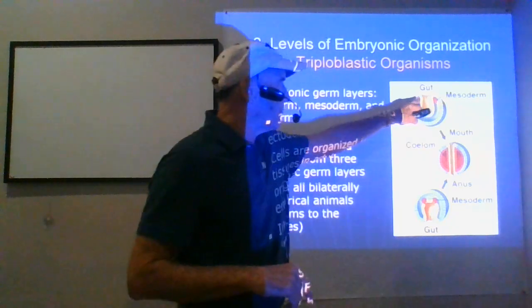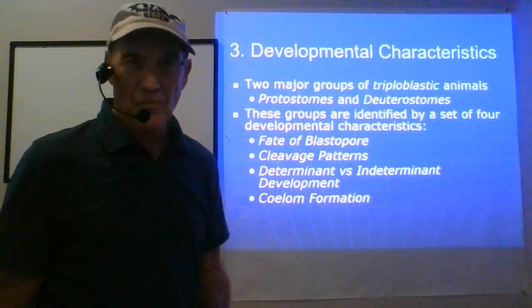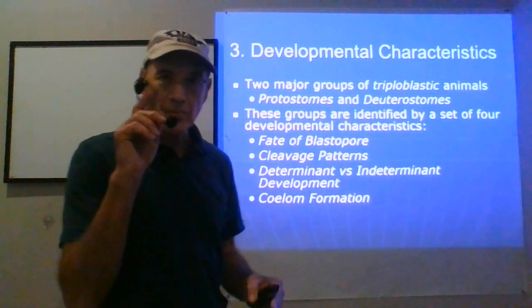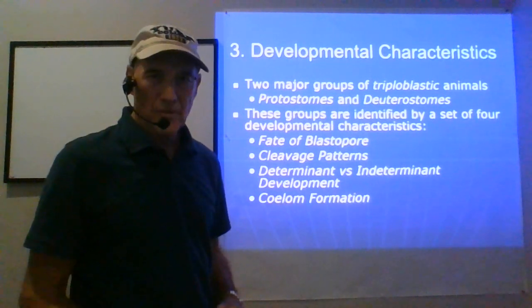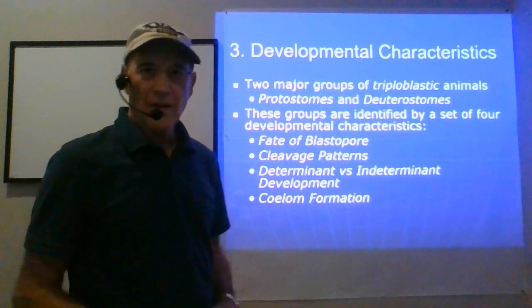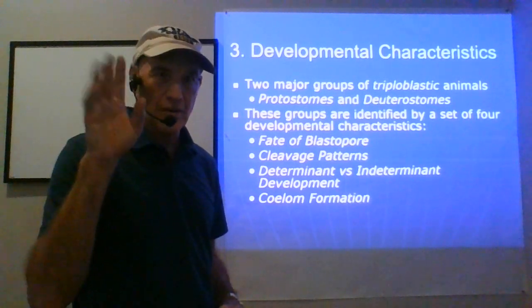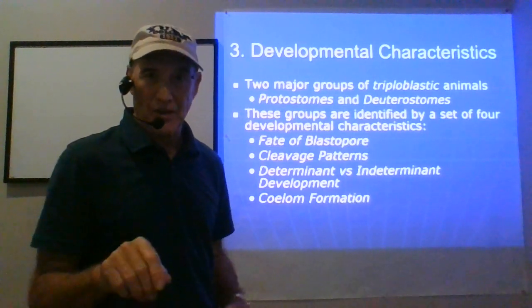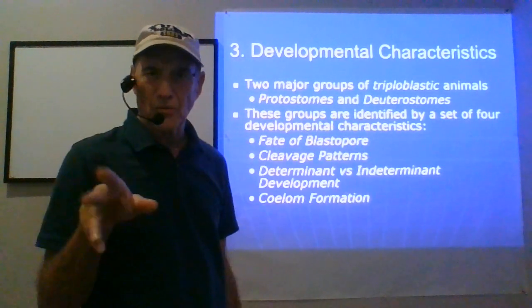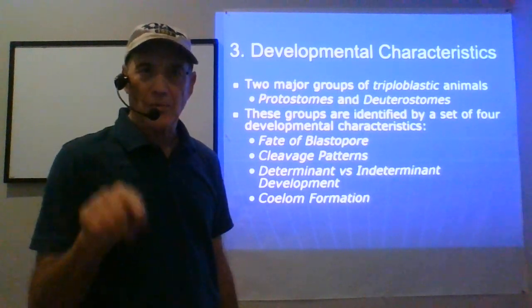So in a protostome, that first blastopore becomes a mouth, whereas in a deuterostome, it doesn't. The first opening becomes the other end, the anus, and then the second opening, deutero, becomes the mouth.